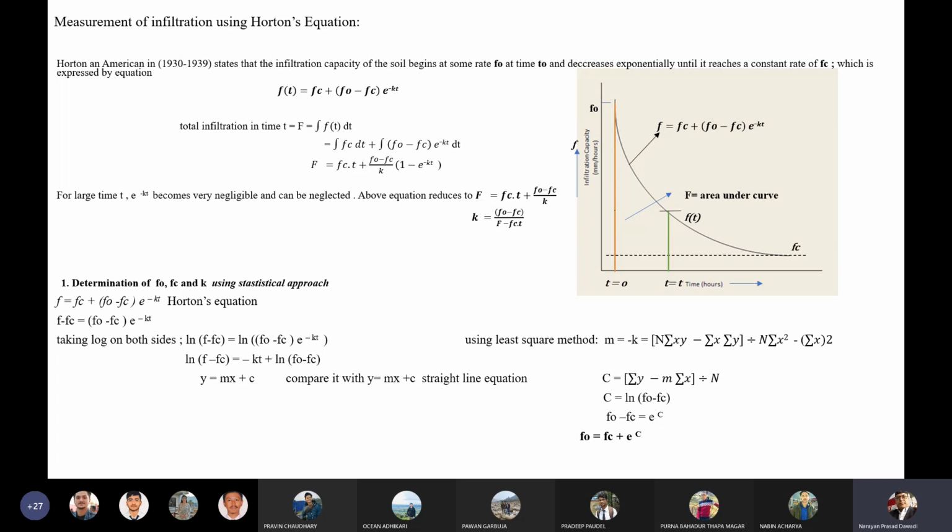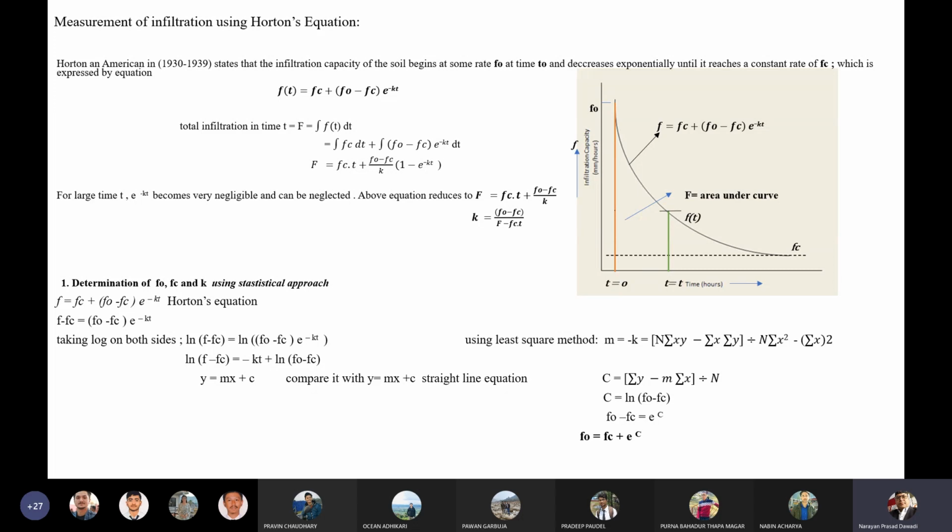If you have the data, there may be n number of data points, and the values of ln(f - fc) and t are known. At that time, you can find the value of k, or m, the slope of the line, as -k using this equation.